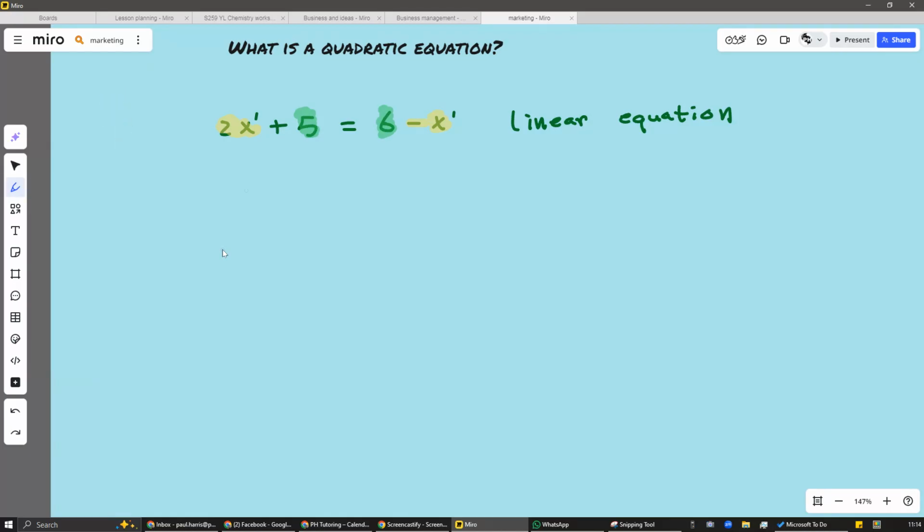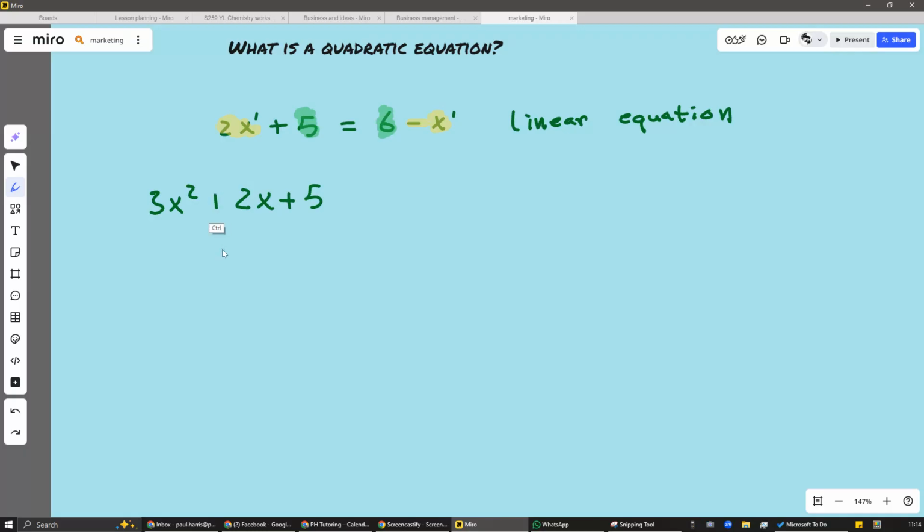So the next one up is a quadratic equation. This time, we've still got the x to the power 1, so it could have 2x plus 5. So far this is just an expression because I haven't said what it's equal to. But we could also have a certain number of x squares.